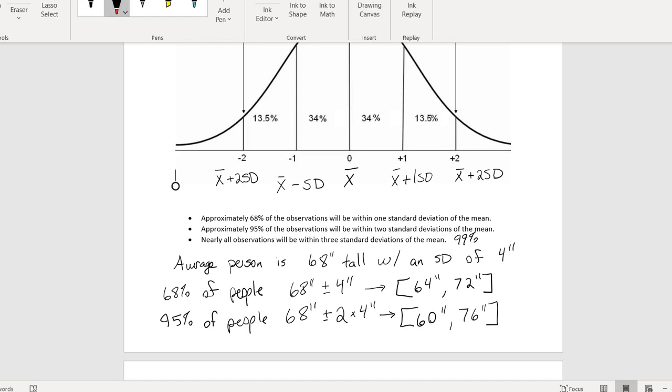So if we put this up here, what that means is that most people are going to fall around 68 inches tall. We're also going to have 68% of people fall between 64 and 72. Or, I'm sorry, 64 would be over here. This one would be 72. There we go. And even more people will fall between 60 and 76.